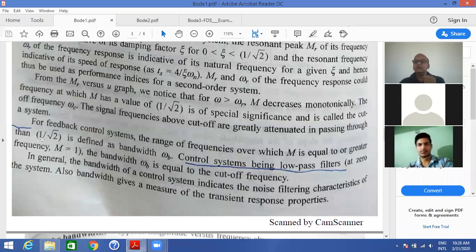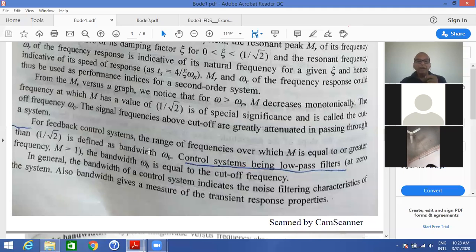We already studied in electronic circuit design or analog circuits how to calculate bandwidth. The same principle is applied in control system engineering. That is, the frequency range over which the magnitude is equal to or greater than 1 upon root 2, that is 0.707, is defined as the bandwidth.